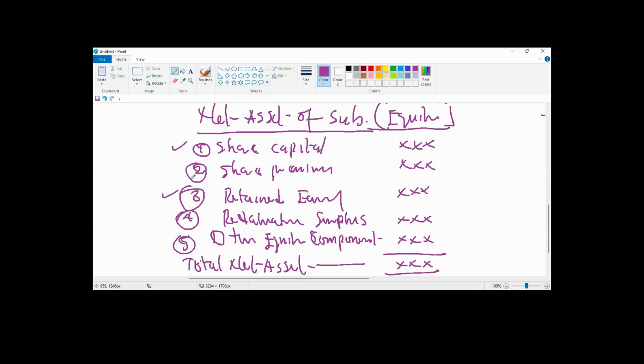So when we say net asset method or share proportionate, it is saying share the net assets based on their proportion. Meaning, what it is saying is this.